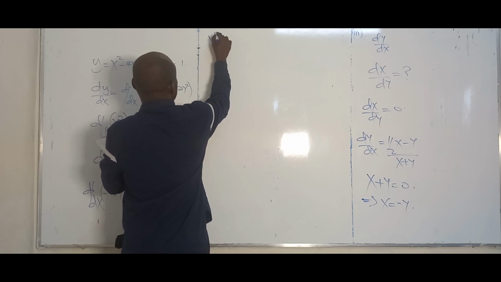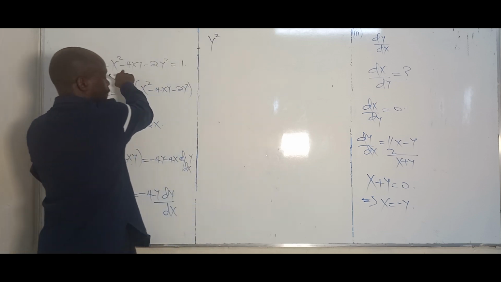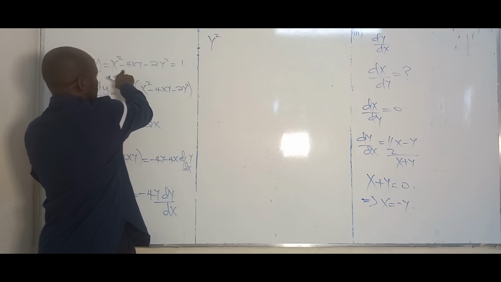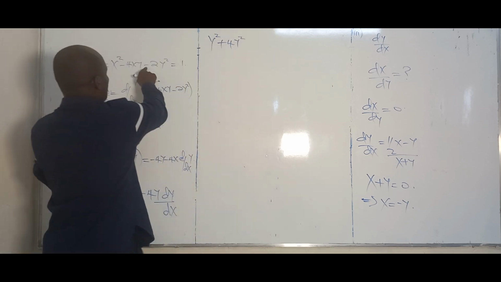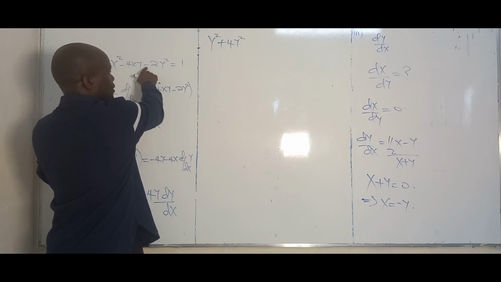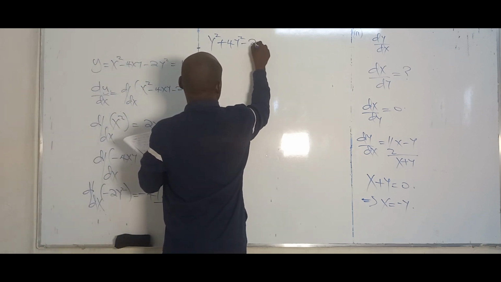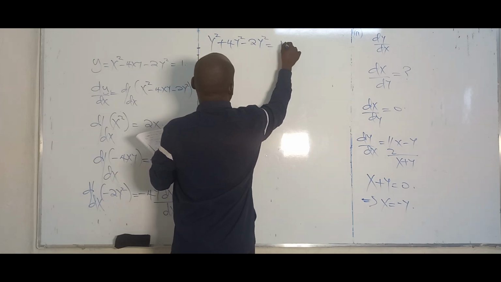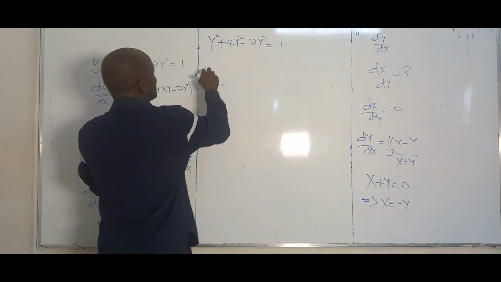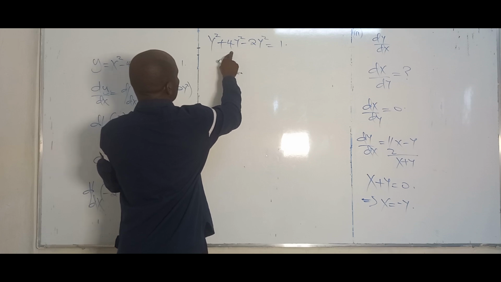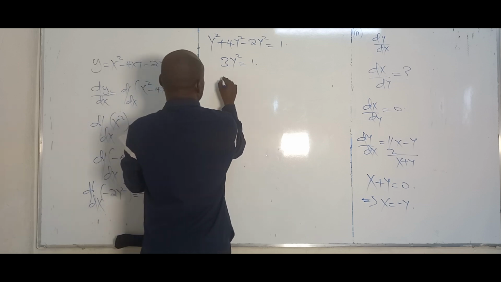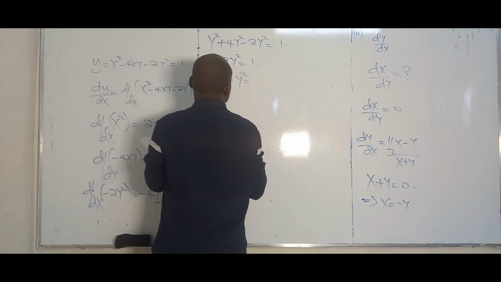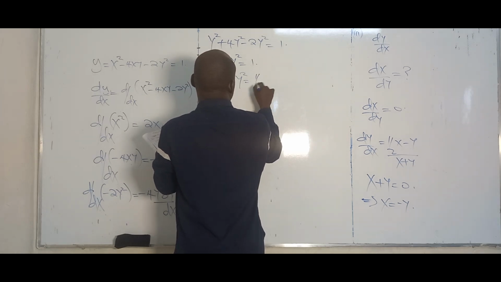So I'll have y squared minus 4 times minus y, so it will be plus 4y squared. Then minus 2y squared is equal to 1. So this is 5y squared minus 2y squared, which is 3y squared, equal to 1, implying that y squared is equal to a third.